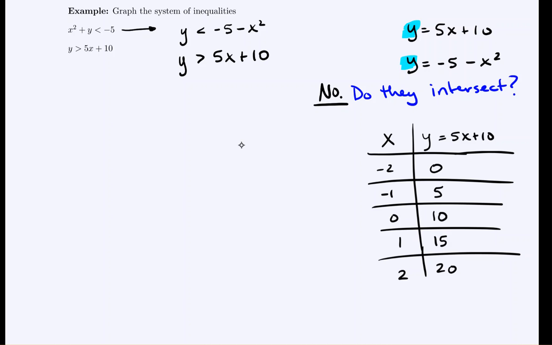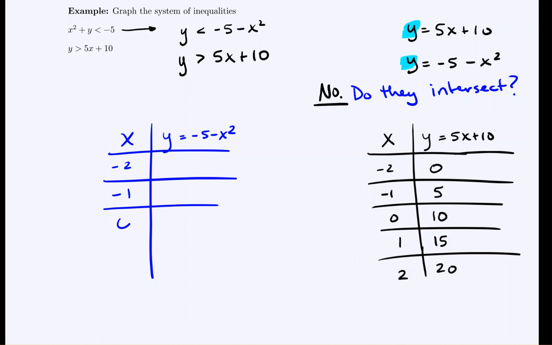And I think we should also get a table of values for our parabola around the similar x values, so -2, -1, 0, 1, and then 2. -5 minus 0 squared, that's just equal to -5.